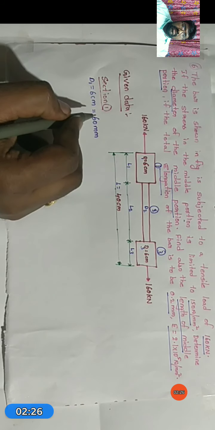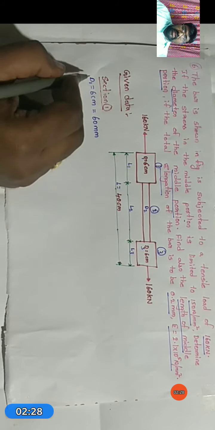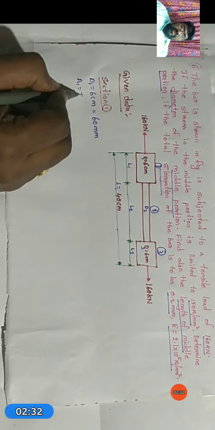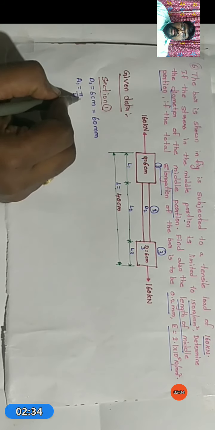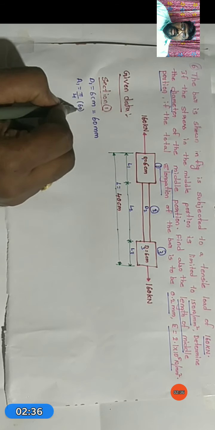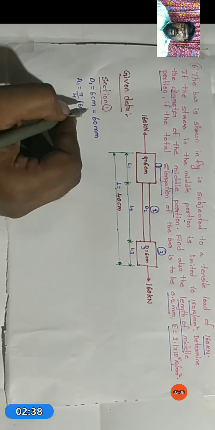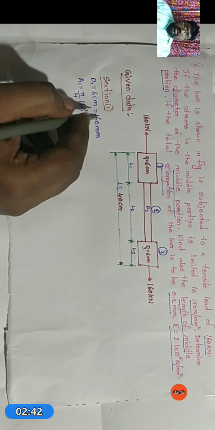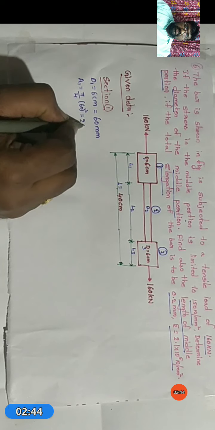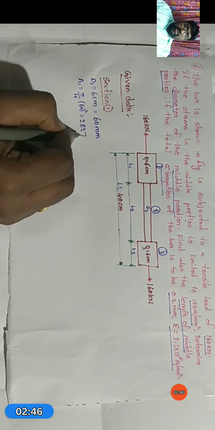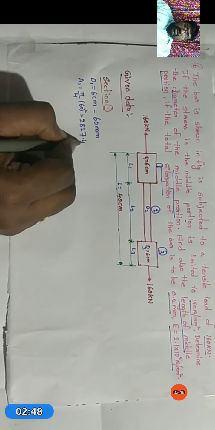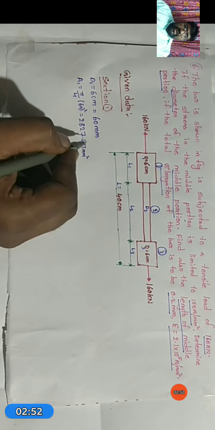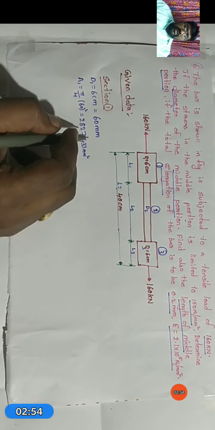Next we need to calculate length, which we don't know. From the diameter calculate area, pi by 4 d square. Diameter is 60 square. By simplifying this equation we will get the area value as 2827.433 millimeter square. It is the area of section 1.